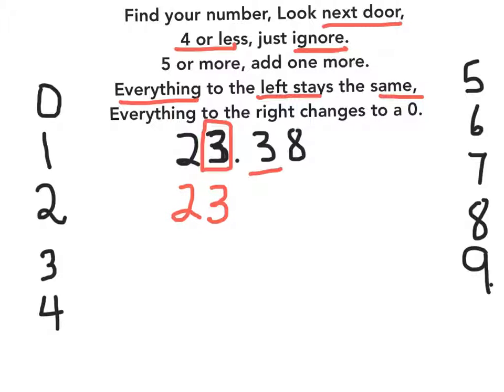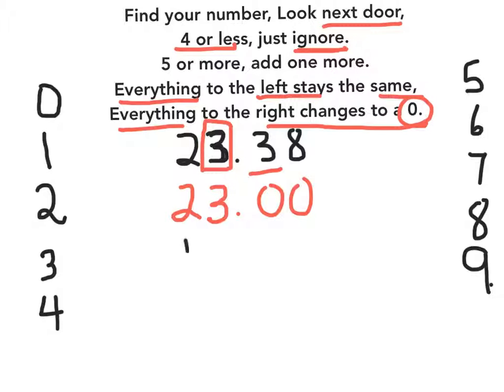So that refers to the 2. However, everything to the right changes to a 0. So $23.38 rounds to $23. Let's use another example.